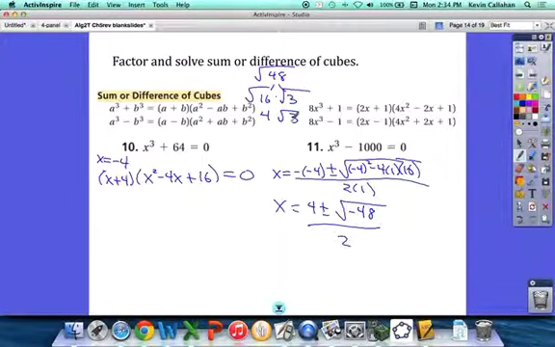Now, the fact that it's negative 48 means that's a negative, and when you take the square root of a negative, you get i.